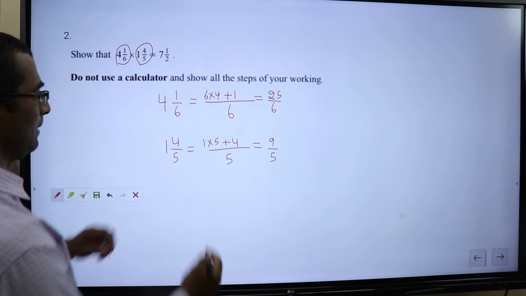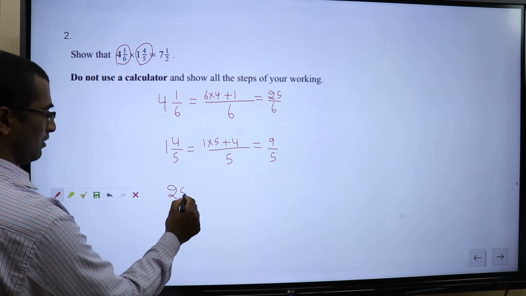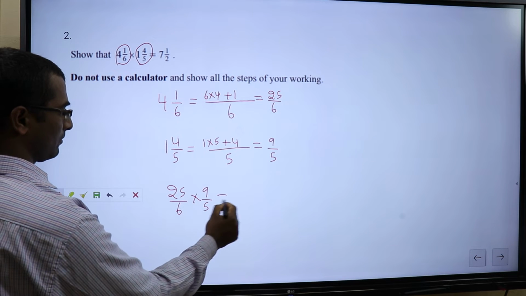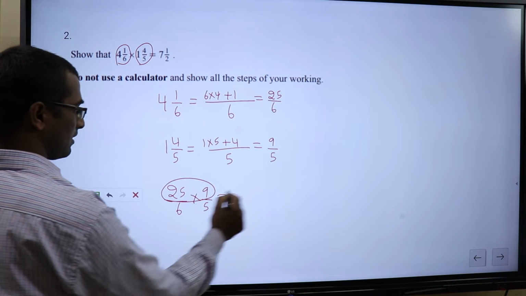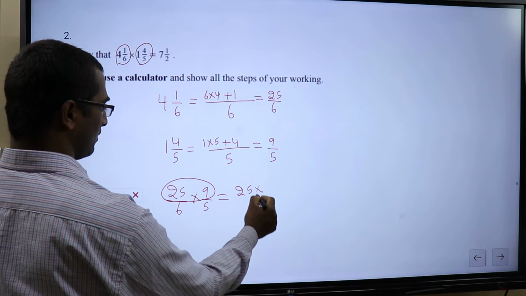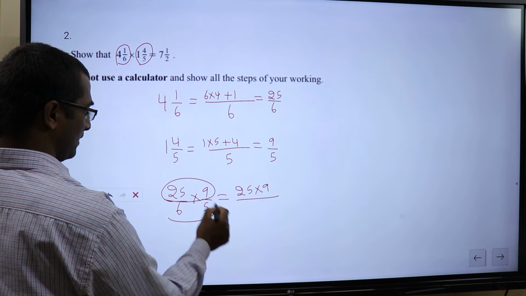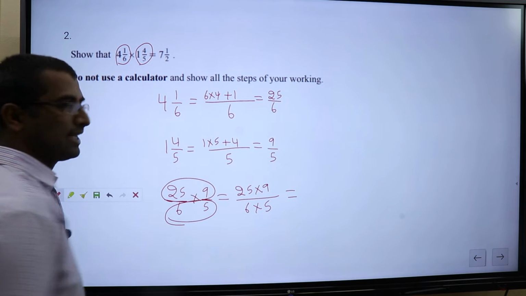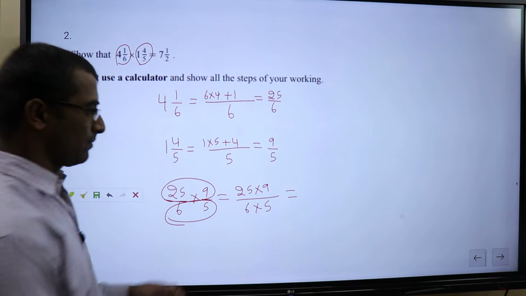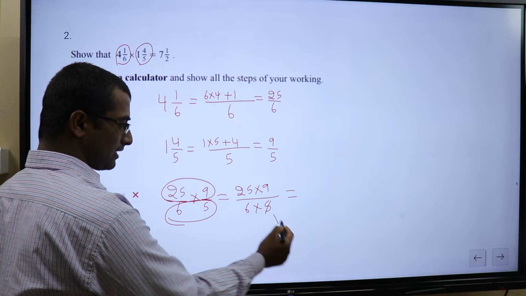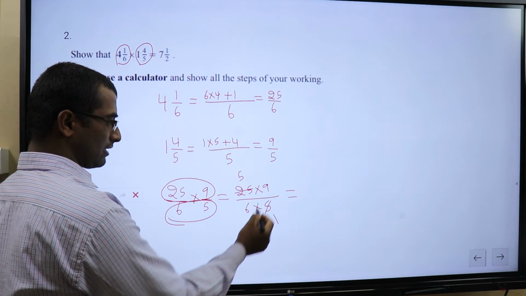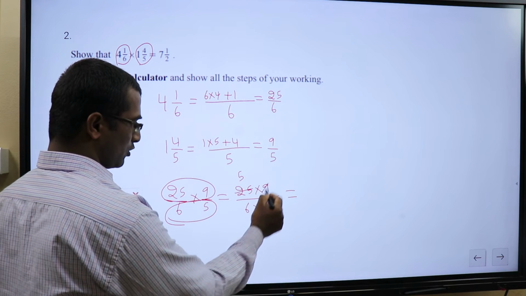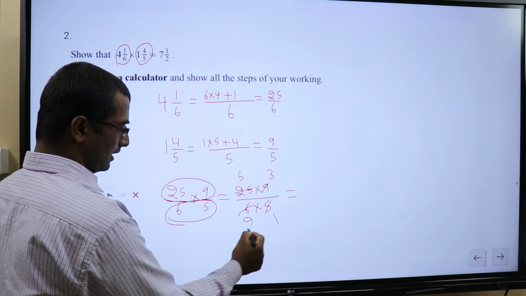Right? Now multiply these two. So 25/6 × 9/5. Numerators write in the numerator. Denominators write in the denominator. Now see, does anything get cancelled? 5 and 25 get cancelled. 5 ones, 5 fives. And 9 and 6 get cancelled in the 3 table. So 3 threes, 3 twos.